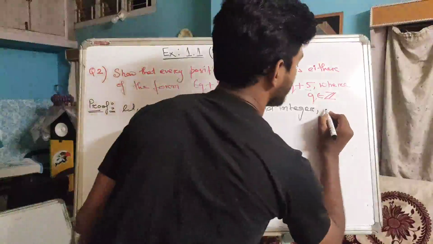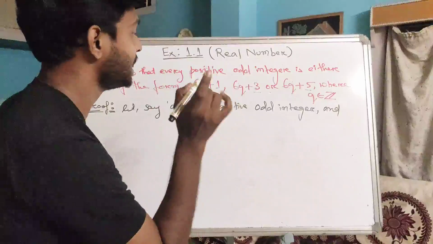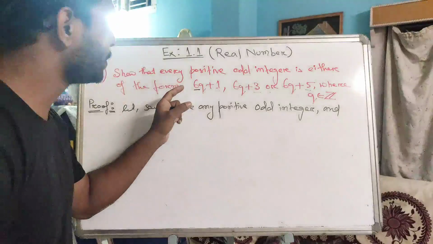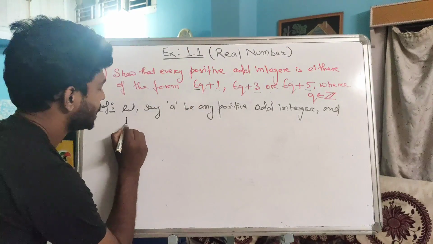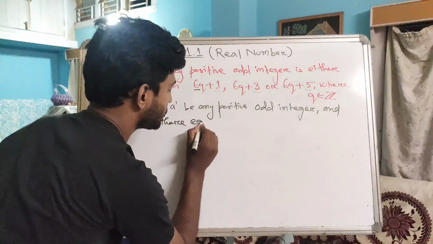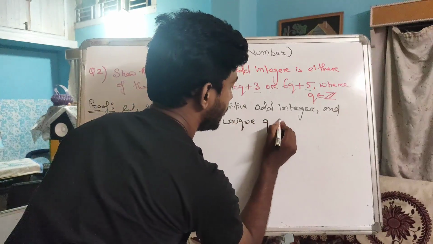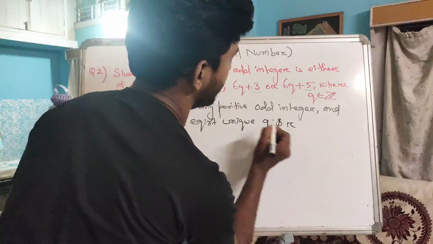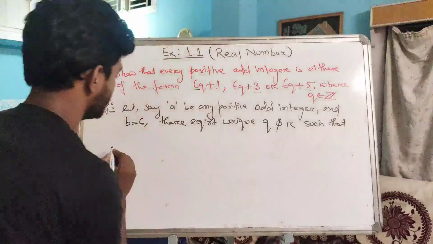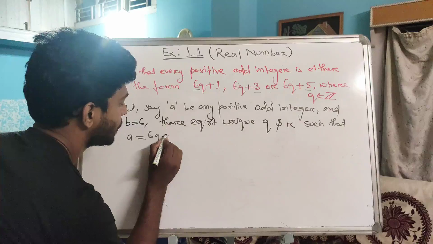Since the divisor, which was b, is fixed here as 6, the number with which we are going to divide, then we know that there exist unique q and r, where q is our quotient and r is the remainder, such that a can be written as b times q plus r, where b is 6, so a equals 6q plus r.